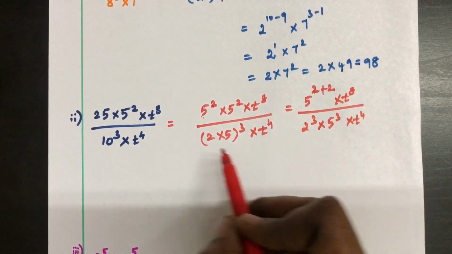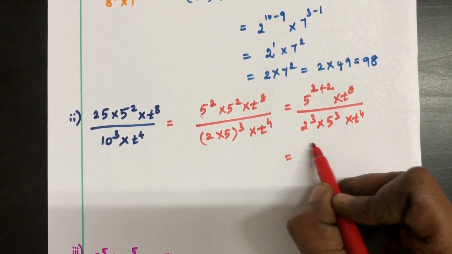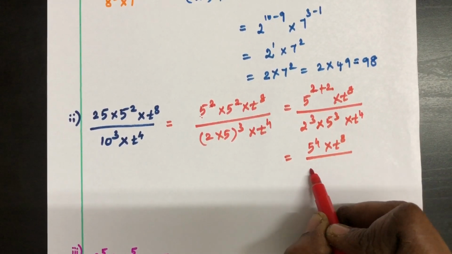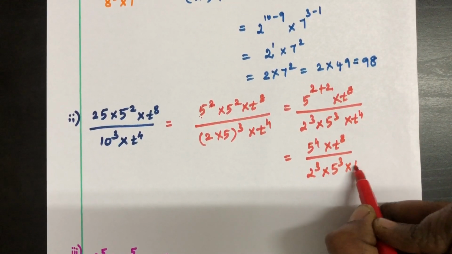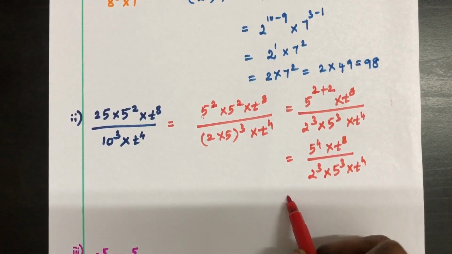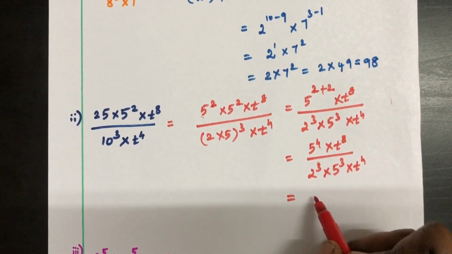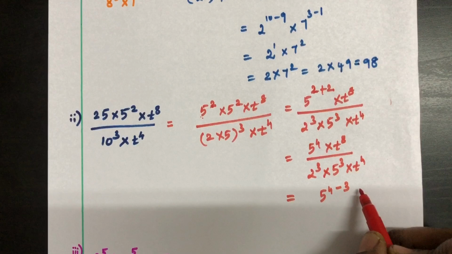See, these are all based upon the formula. This is equal to 5 power 4 into t power 8 divided by 2 cube into 5 cube into t power 4, which is equal to, if the bases are equal in the division, what we need to do? 5 power 4 minus 3, we can subtract the powers.